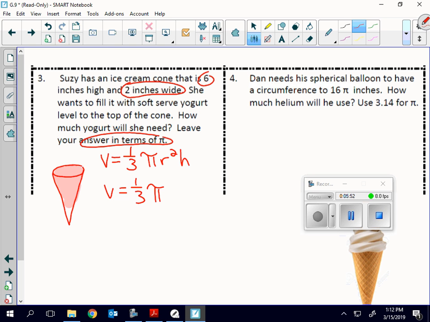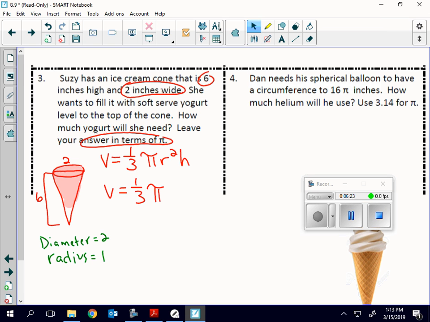The height is 6, and the 2 inches wide would be the whole thing, so the diameter is 2, which means the radius is half of that, which is 1. So I'm going to plug in 1 for the radius squared times the height, which is 6.